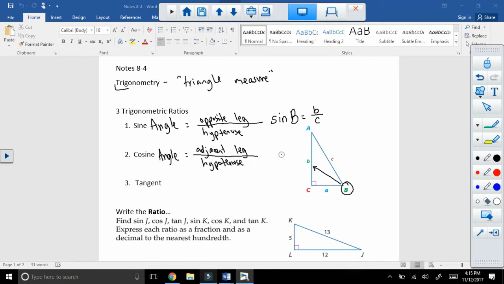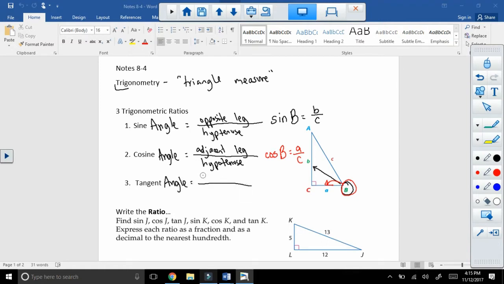It's just another ratio. In this case, if I use that same angle B, the leg that is adjacent to this is the leg that's right next to it. So if I had the cosine of angle B, that would be A over, and then the hypotenuse is still C.